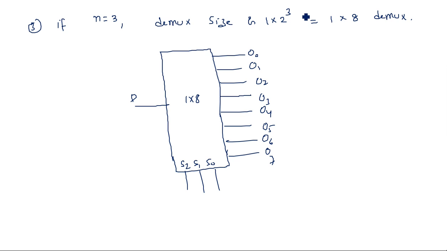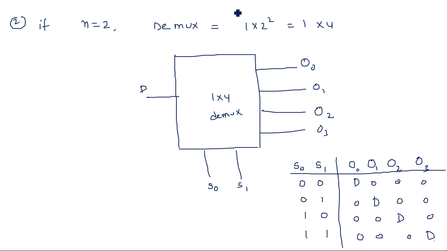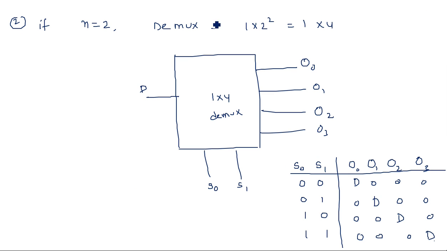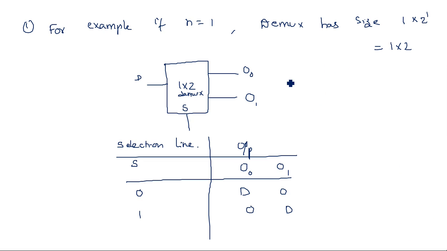Okay, one simple method: suppose we consider a 1 by 4 demultiplexer. How can you write the expression for output O0? In a similar way, how to write the expression for the others?